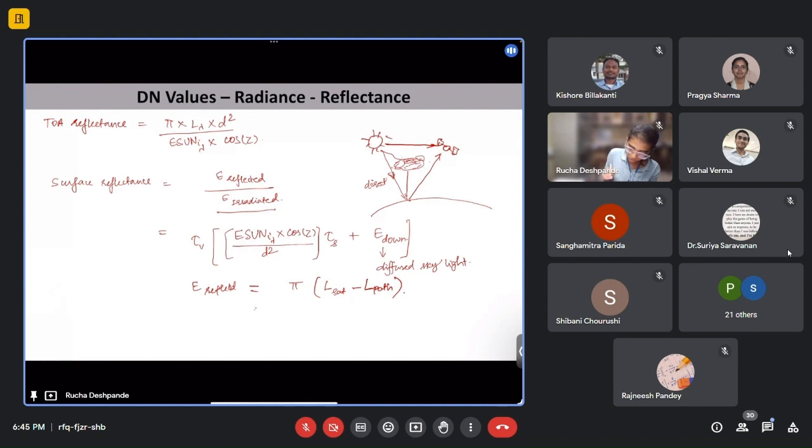So the formula for surface reflectance will be pi into L sat minus L path, divided by tau v into E sun lambda cos z over d square into tau s plus E down.